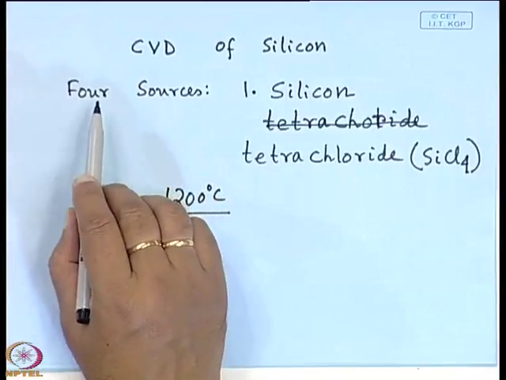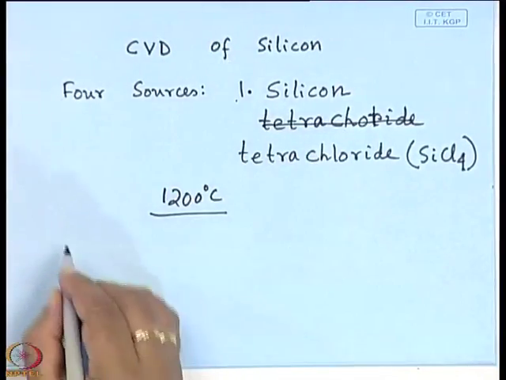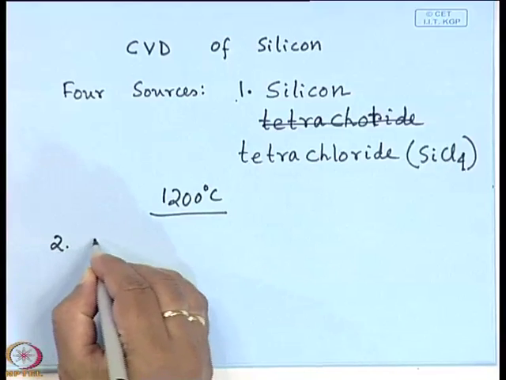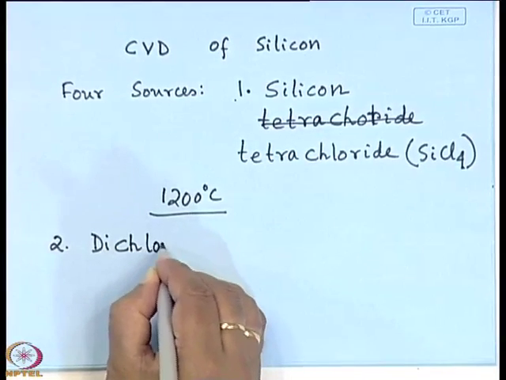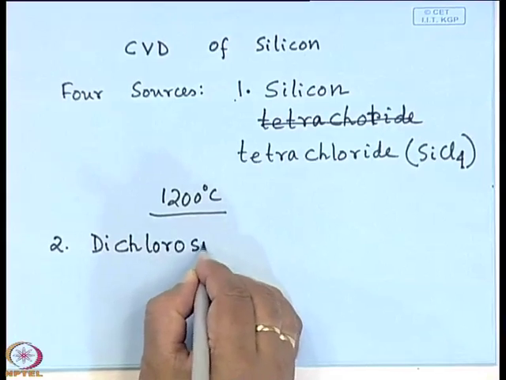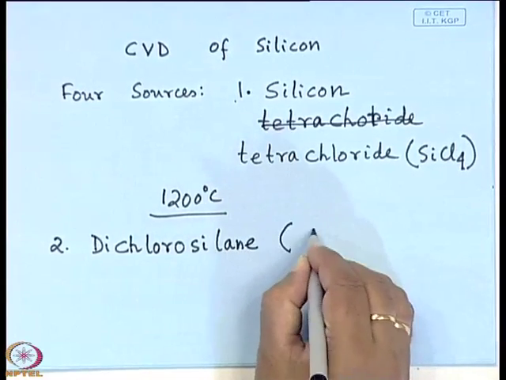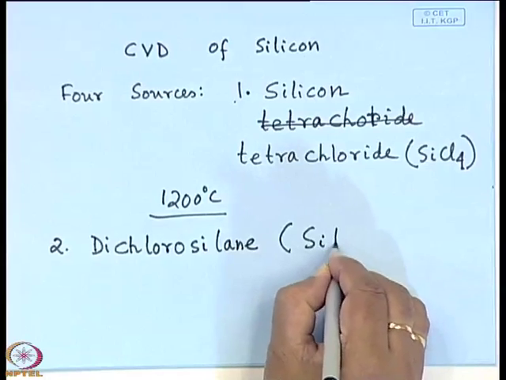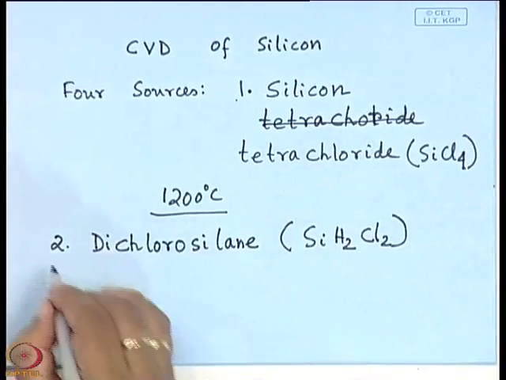There are other sources, because as I mentioned there are 4 sources. One is silicon tetrachloride, number 2 is dichlorosilane, SiH2Cl2.